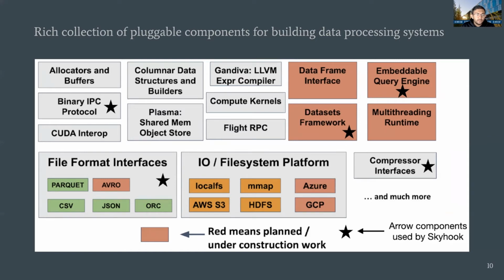It also provides file format interfaces for scanning files of many different file formats, a file system interface for interacting with multiple local and cloud file systems, a datasets framework for abstracting over a set of files and doing dataset discovery, an RPC framework for doing gRPC related calls, compute kernels for doing complex compute operations, an embeddable compute engine, and much more interesting data processing frameworks.